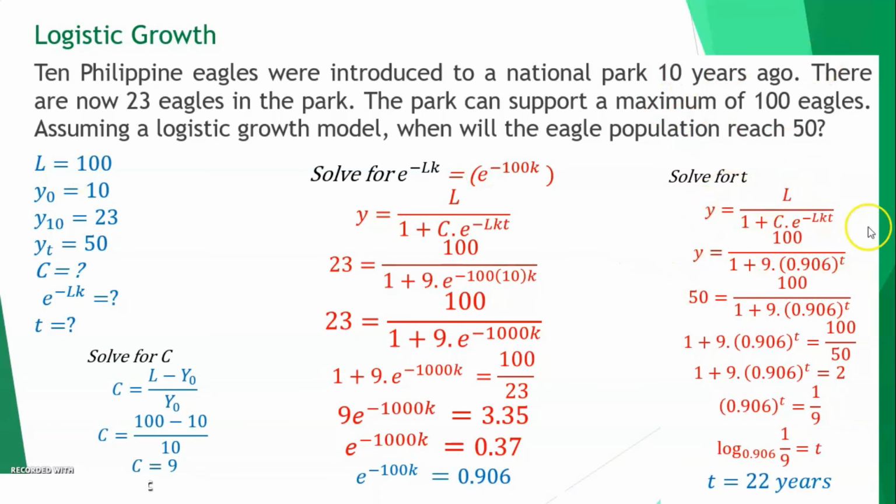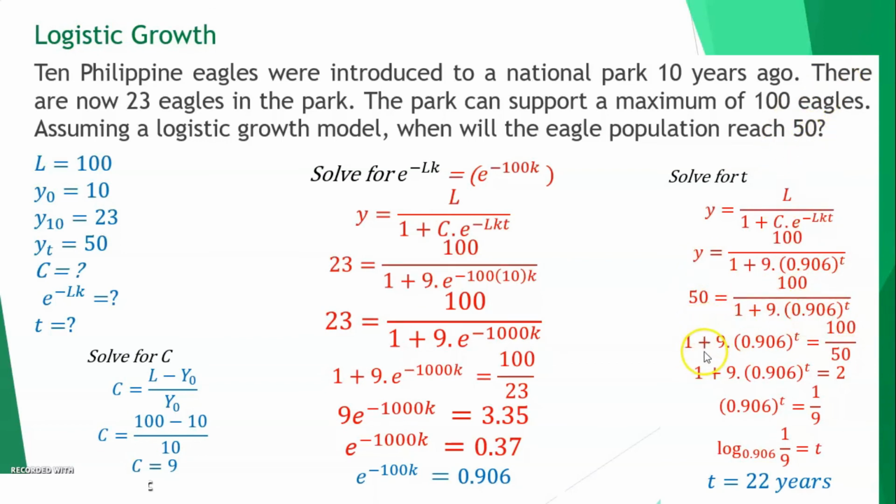So solving for t. Again, substituting in the original equation, we have here 100 over 1 plus 9 times e to the negative Lkt. Take note, our L here is 100, that's 0.906, then t. Take note, we have here 50.